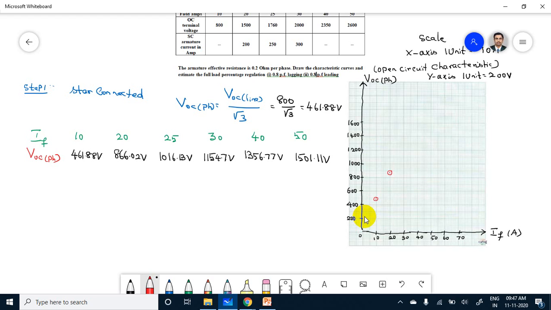For 25, 1016. For 30, 1154. Then for 40, 1356. For 50, 1501.